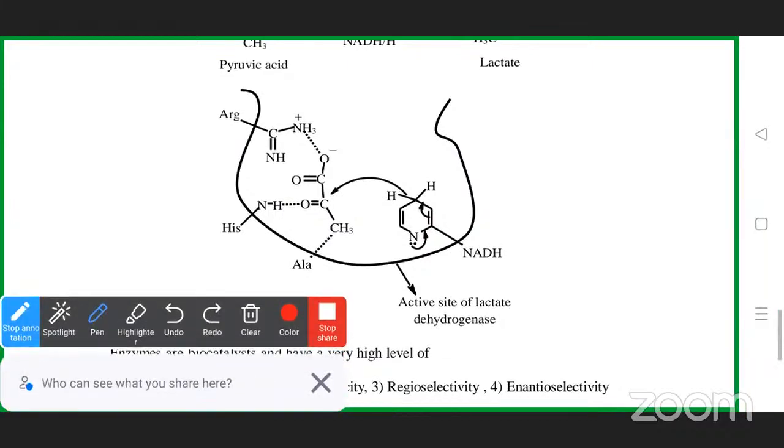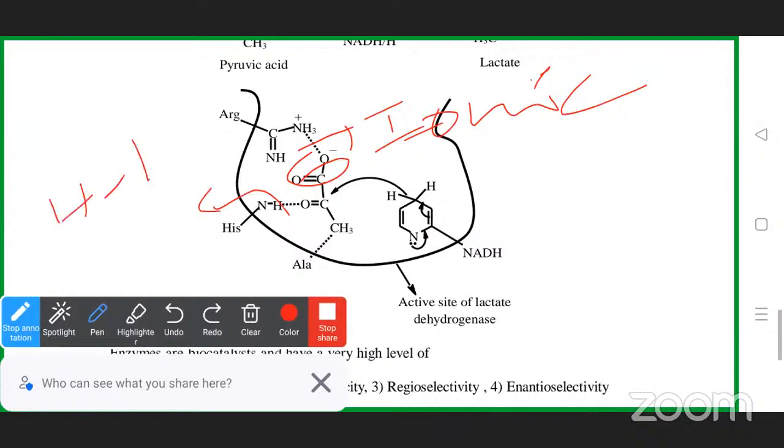This pyruvic acid is forming an ionic interaction here, and here is a hydrogen bonding interaction. There you see the methyl group, so there are no hydrogen bond donor groups and no hydrogen bond acceptor groups. So it is hydrophobic.